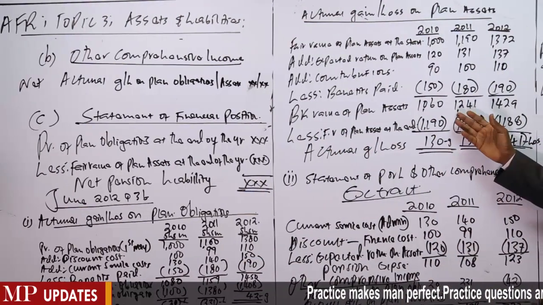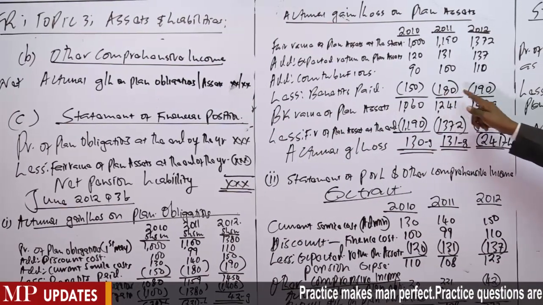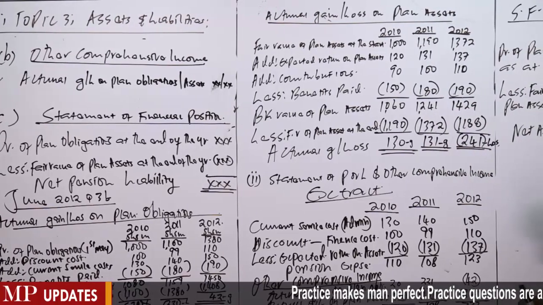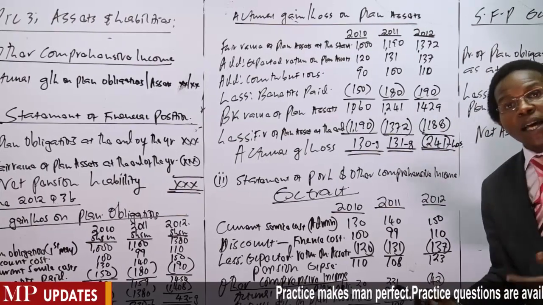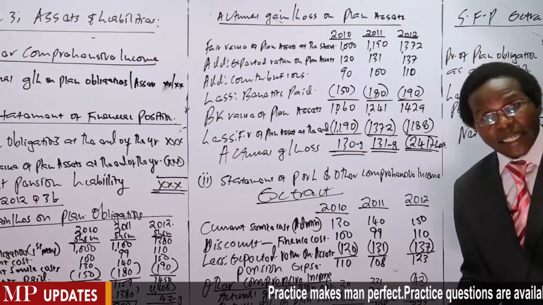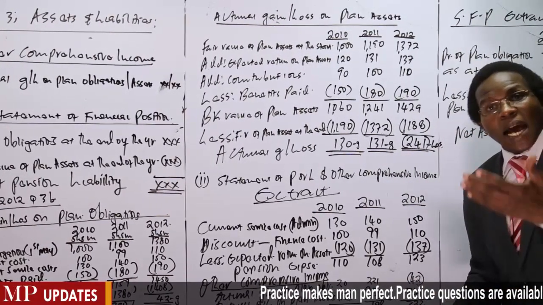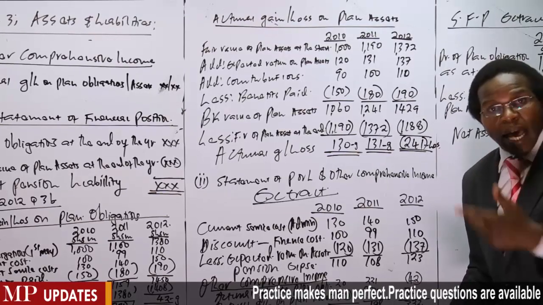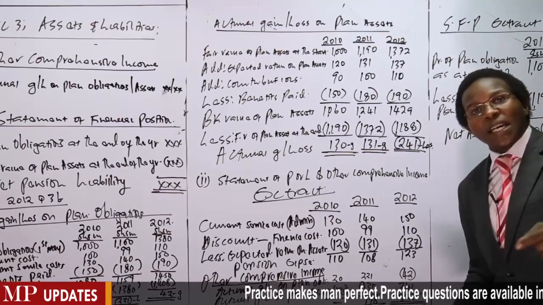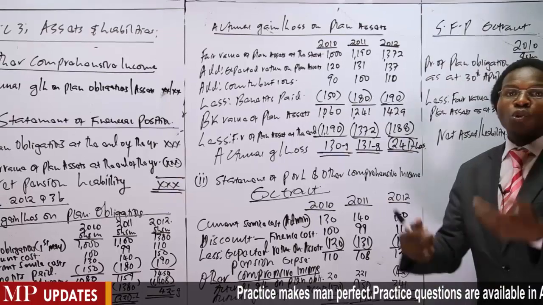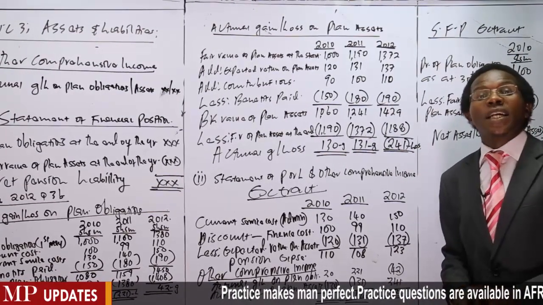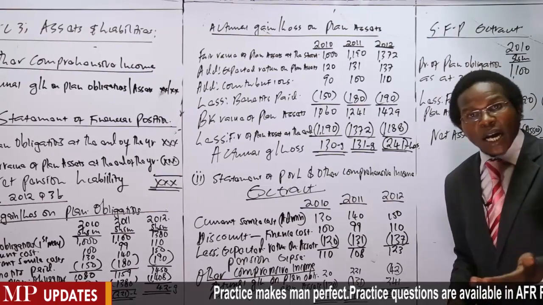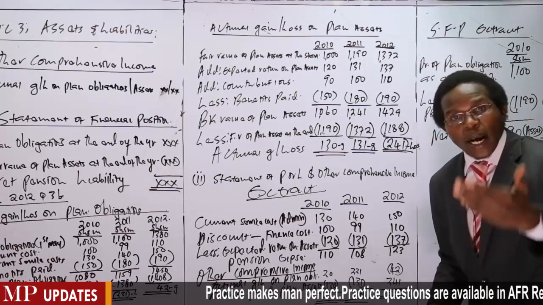When we come to the plan assets, we have also reduced our plan assets, because when you are making a payment out, you reduce your cash balances. That means you are reducing your plan assets, so you credit your plan assets. When you make a payment, you credit your cash, which simply reduces your cash balance.